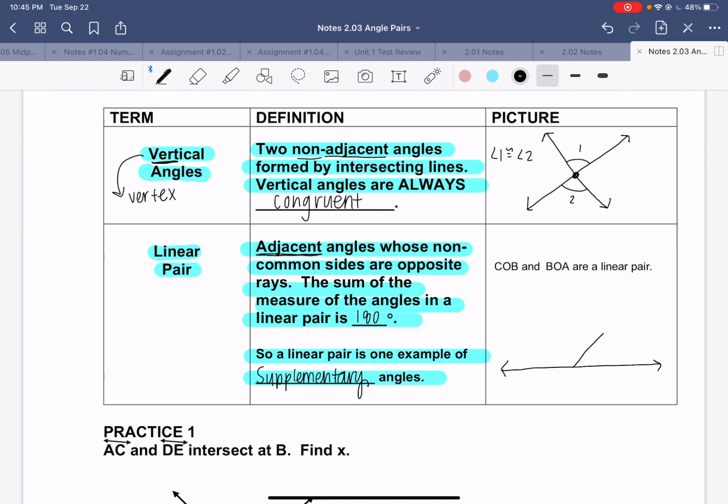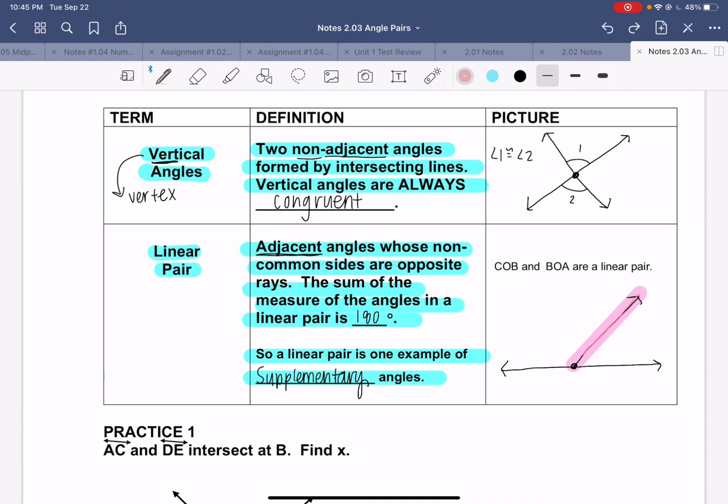Okay, so they share a side. It says adjacent angles. These are adjacent because it shares this side only. That's the common side they have. Whose non-common sides are opposite rays.